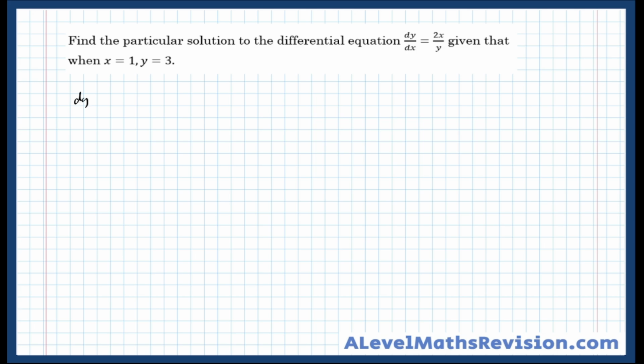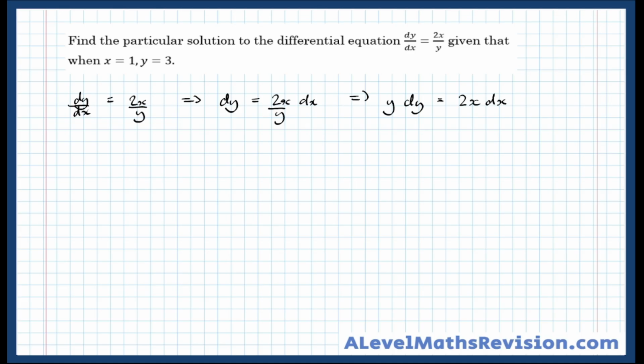So first of all, separate the dy and the dx, which means that dy equals 2x over y dx, which means that y dy equals 2x dx.